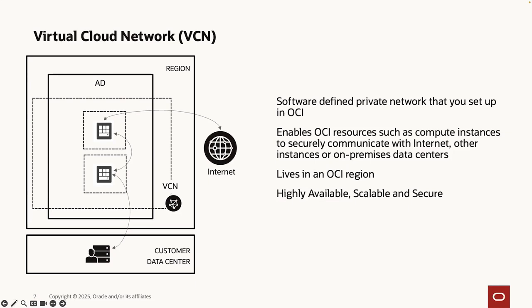And when you create one of these components, you must establish a relationship between that component and the VCN. This will require the appropriate identity and access management policies to grant permissions to both create the component and manage the VCN itself.